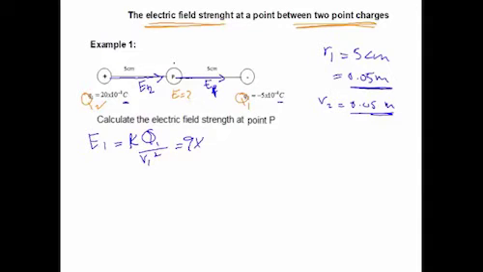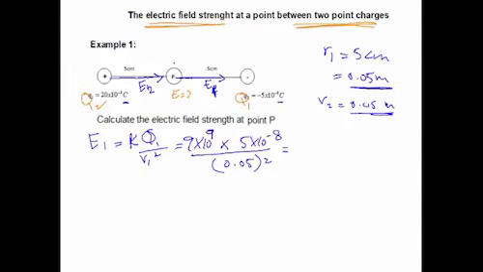We have 9 times 10 to the 9 times Q1, which is 5 times 10 to the minus 8, over the distance 0.05 whole squared. There is no need even to substitute with the minus sign here.